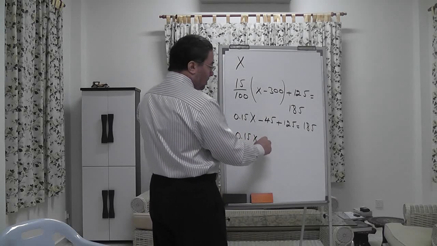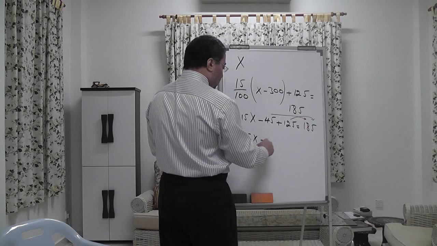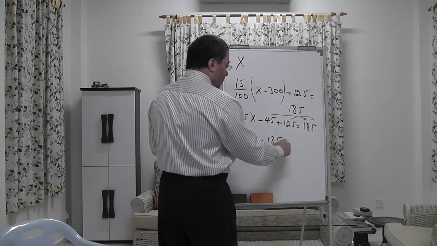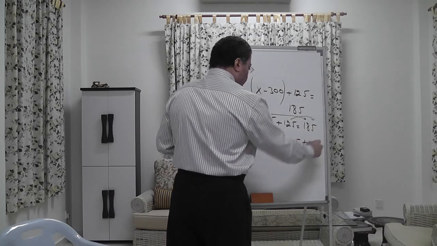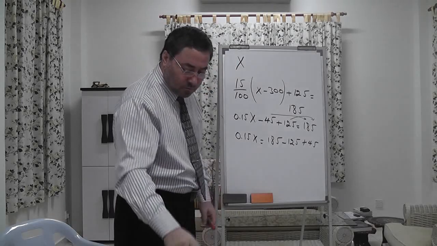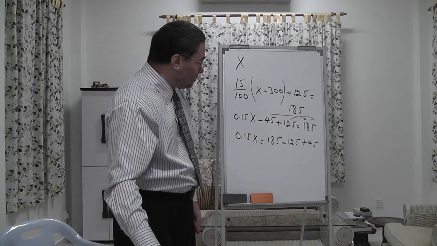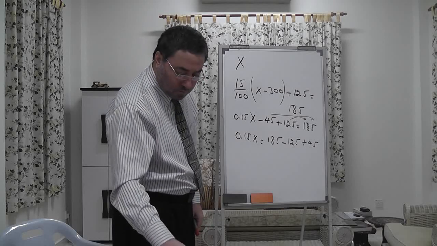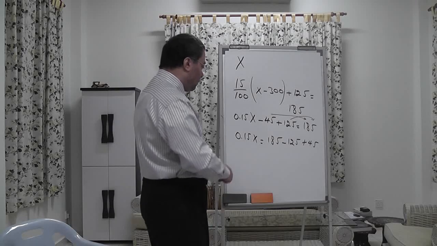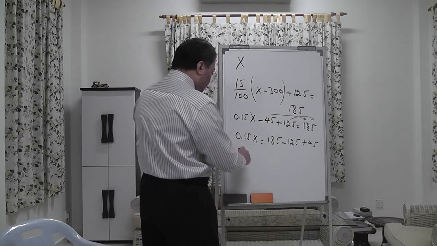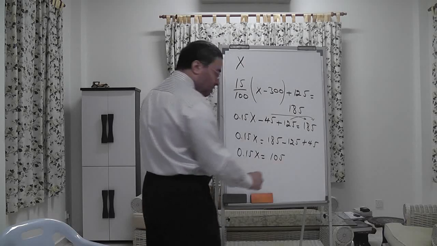0.15x. We take these numbers to the other side and change their signs, equals 185 minus 125 plus 45. So 0.15x equals 105.